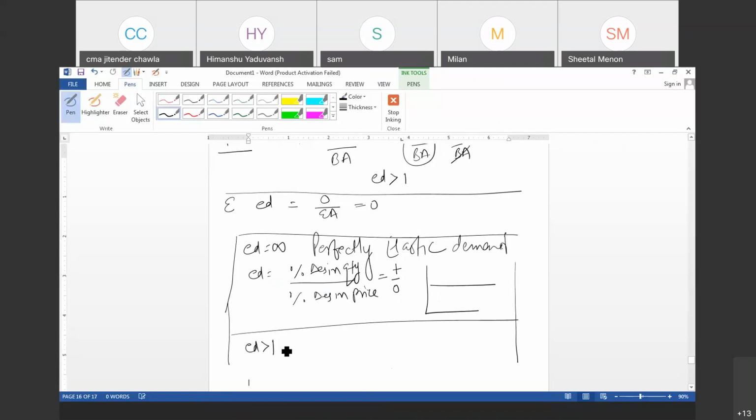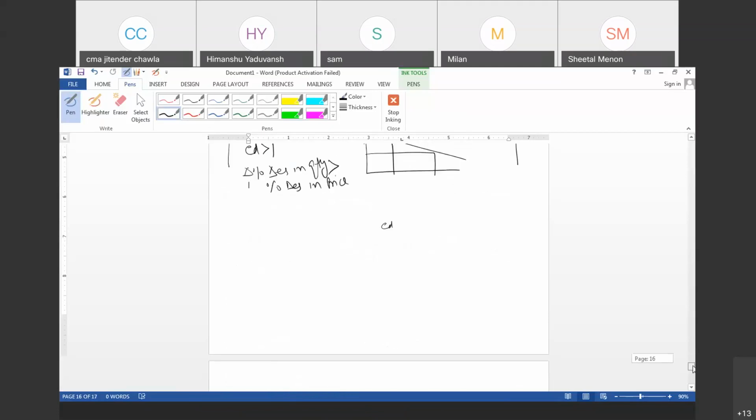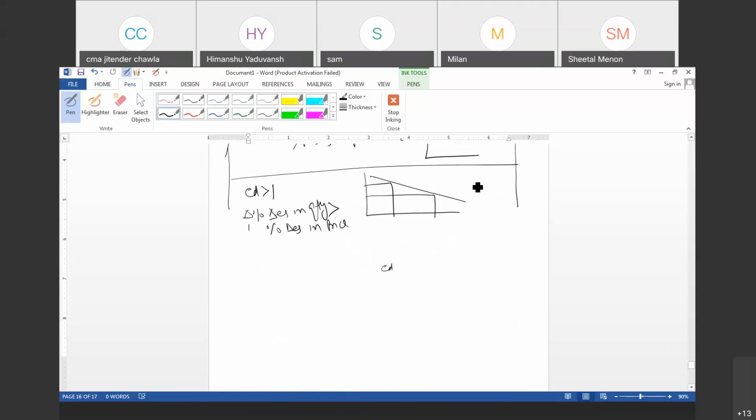ED greater than 1 means the percentage change in quantity is more than the percentage change in price. Price changes by a very few units, but quantity changes by a large amount. That means the curve will look like a flatter curve.